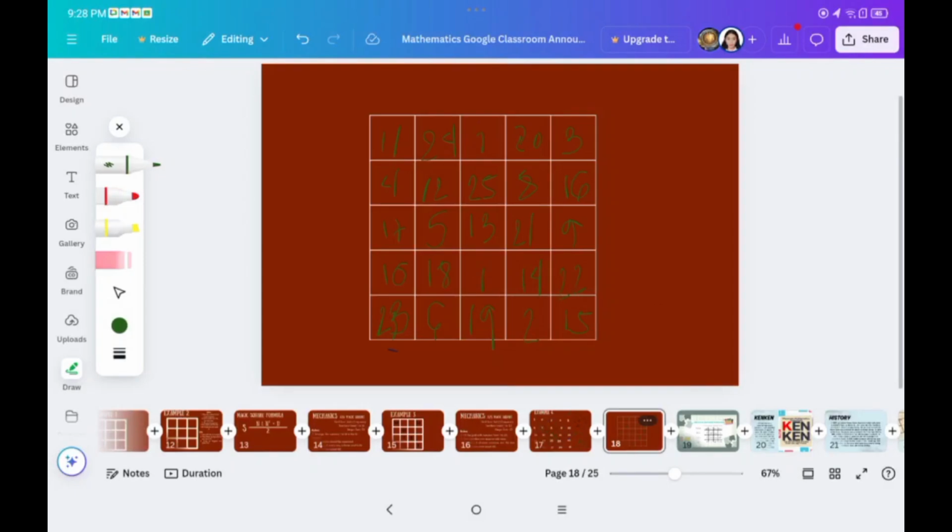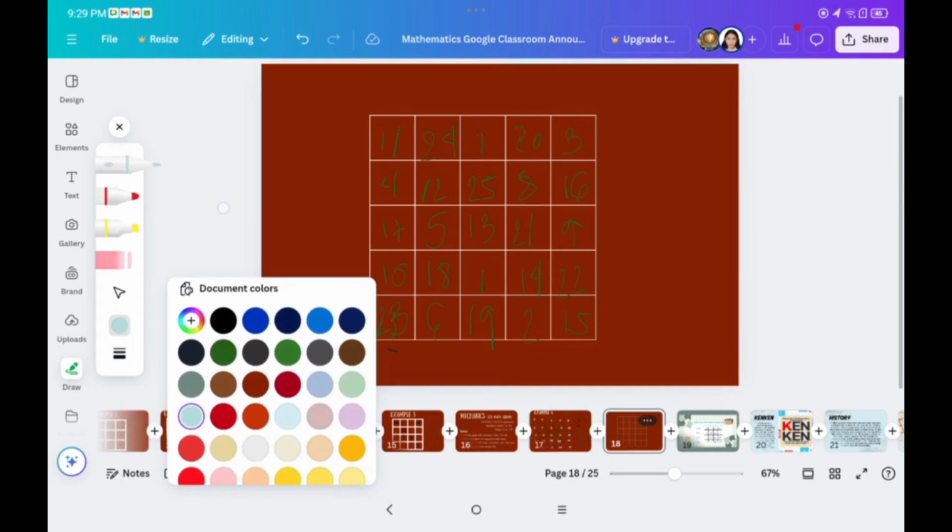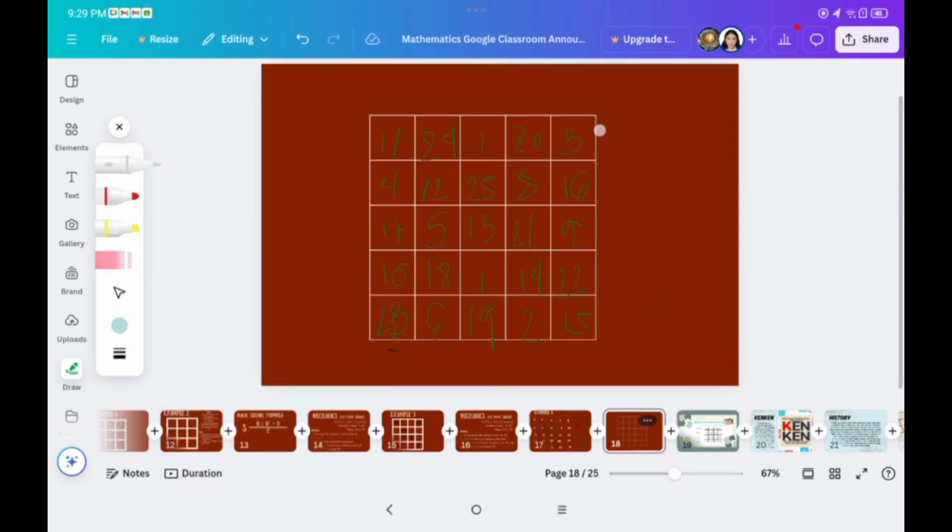Check nyo at check ko kung lahat ba 65 ang magic sum nito. Lahat ng row at column ay 65.